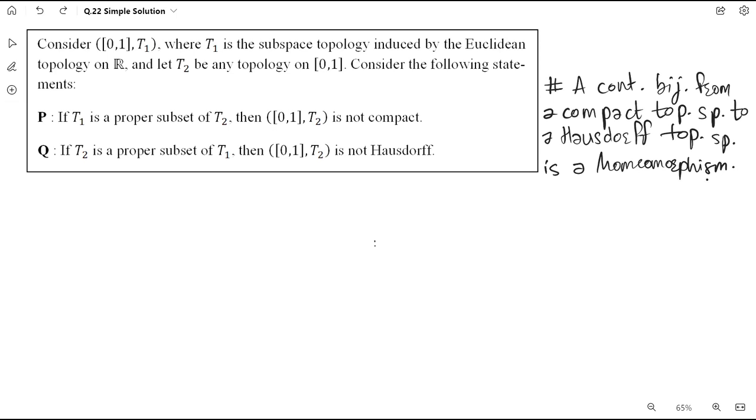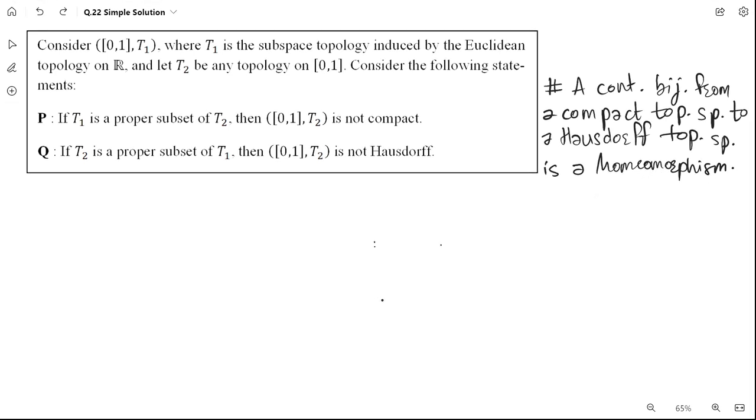So this is a very important theorem in topology, and it makes the solution of many problems simpler. So you must know this theorem. Okay, so let's see how it is helping us in making this solution simpler. So first, for statement P, T1 is a proper subset of T2.